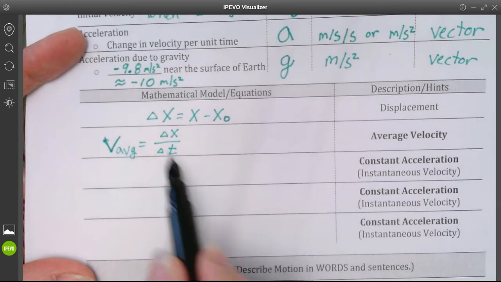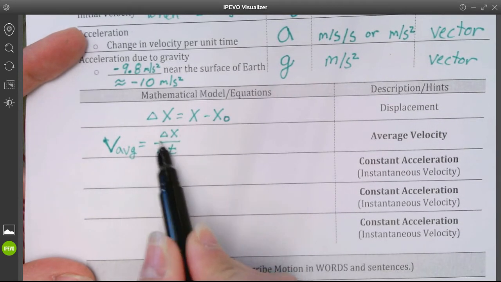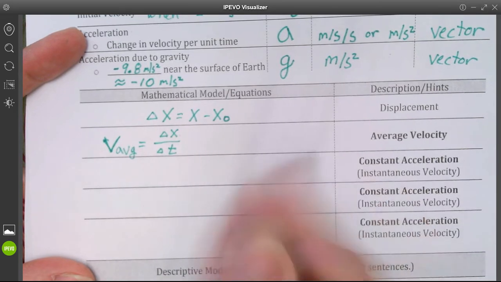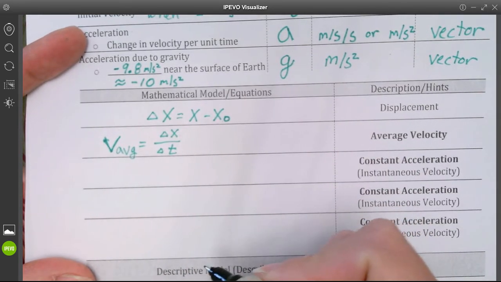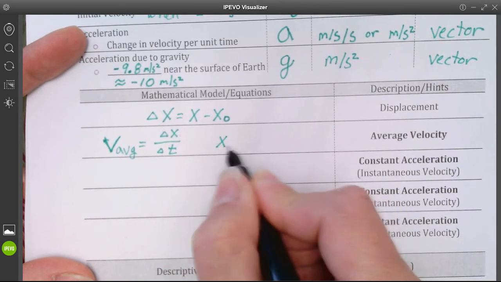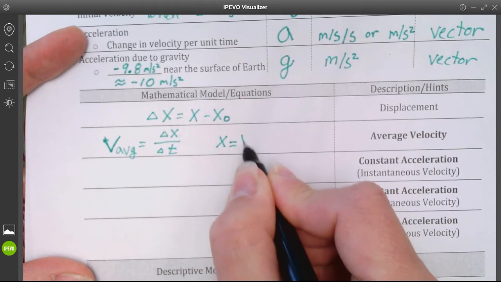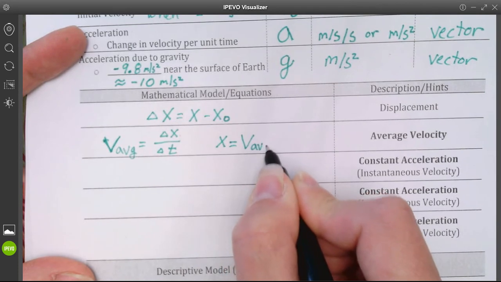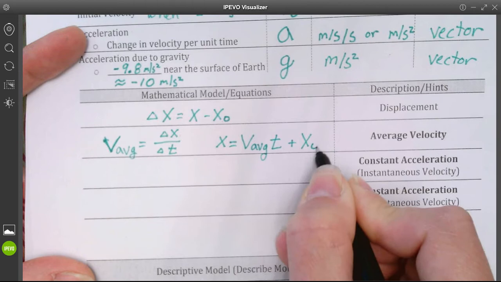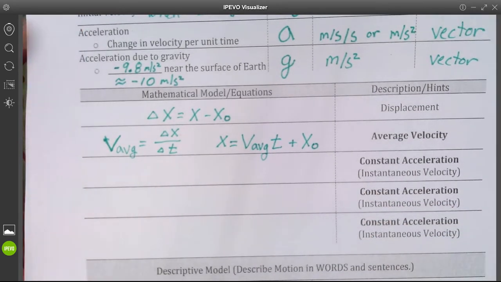If we wanted to sub in, instead of displacement, actually put in x minus x naught and rearrange it, this would look a lot like our constant velocity model equation, which was x equals v average times t plus x naught.